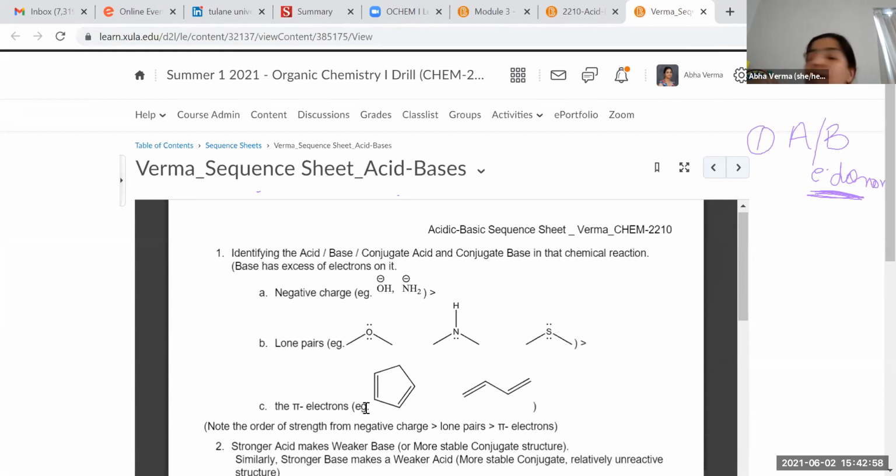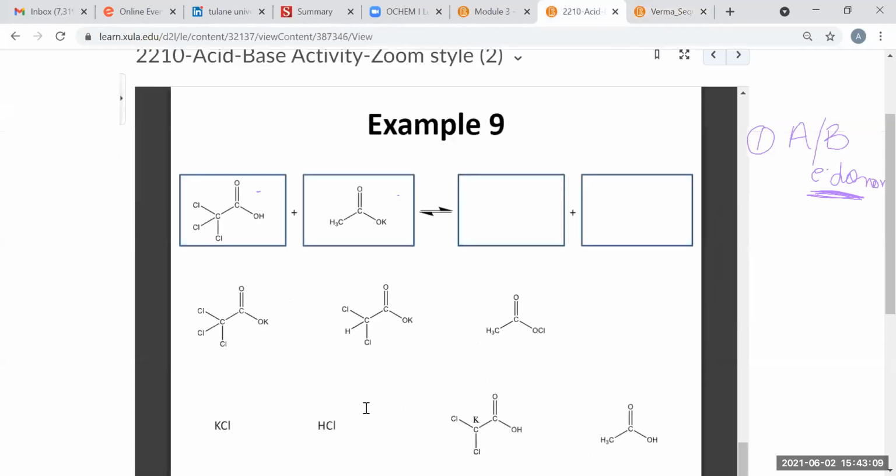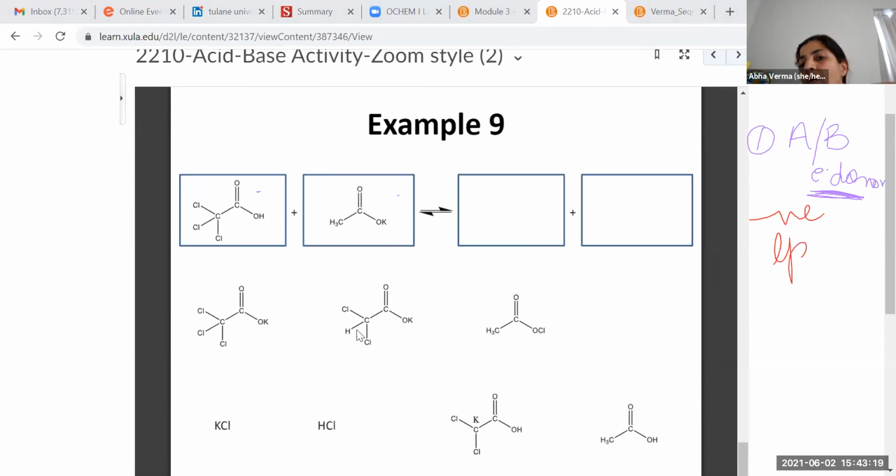Don't be scared, Ariel. Don't feel flustered. Just stay calm. Negative charge, yes. Negative charge, lone pairs, and pi electrons. Very good. So looking back on these 2 structures, a negative charge or a lone pair or pi electrons.